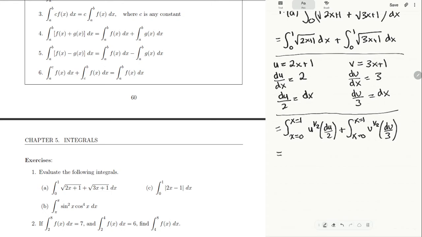Then we'll use the property that we can move constants outside of our integrals. So we have 1/2, the integral from x equals 0 to x equals 1, u to the 1/2 du, plus 1/3 times the integral from x equals 0 to x equals 1, v to the 1/2 dv.